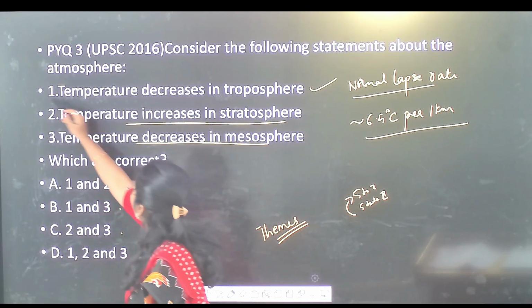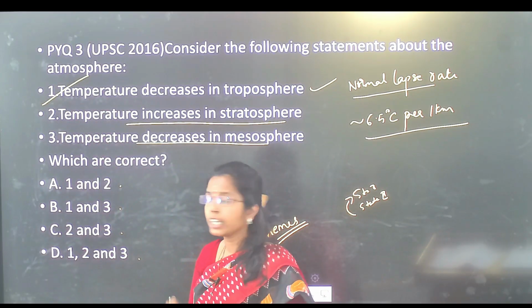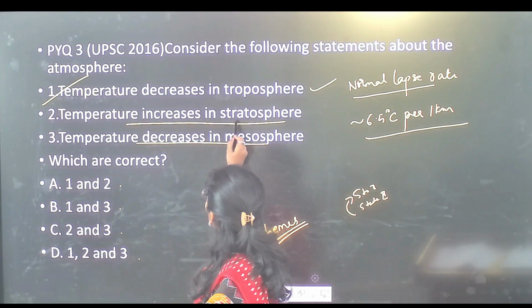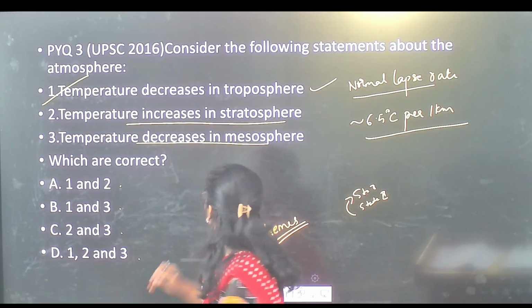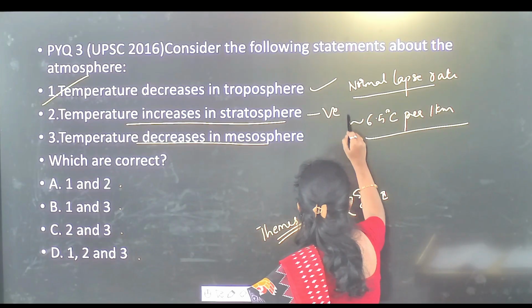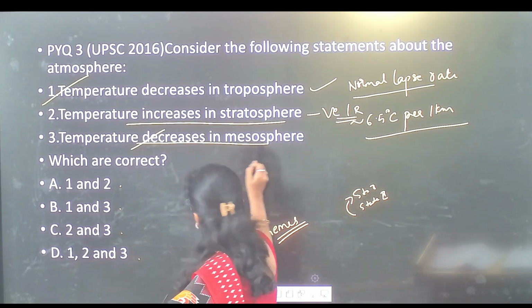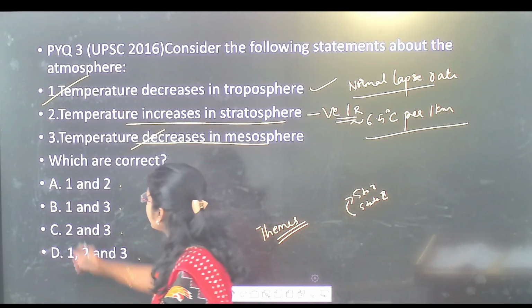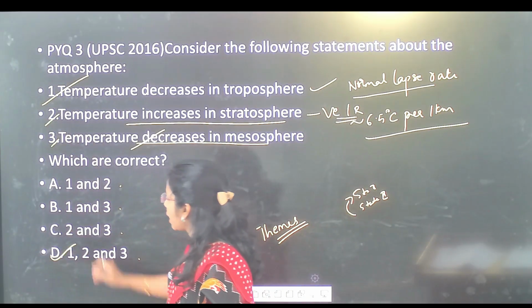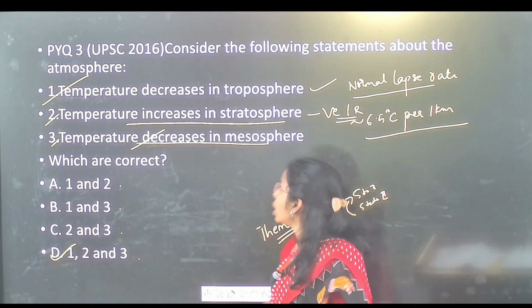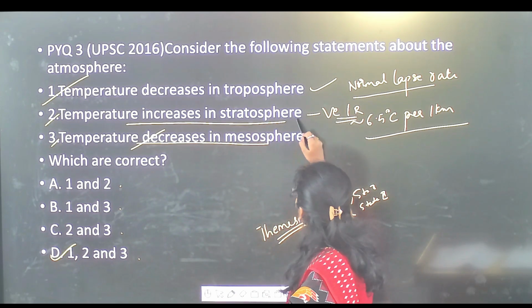So statement 1 is correct. Temperature increases in stratosphere, yes, temperature increases. Negative lapse rate we have seen. Next, temperature decreases in mesosphere, yes, temperature decreases in mesosphere. All three are correct. Now what you have to learn is, why does temperature increase here?